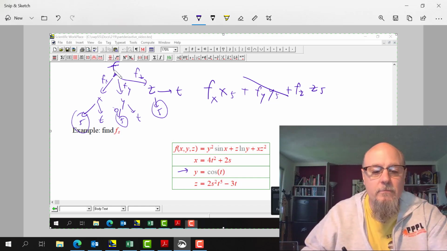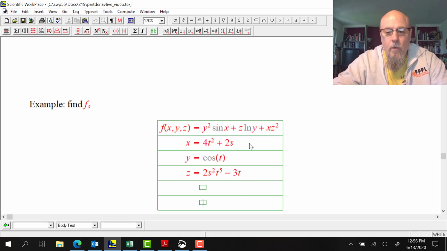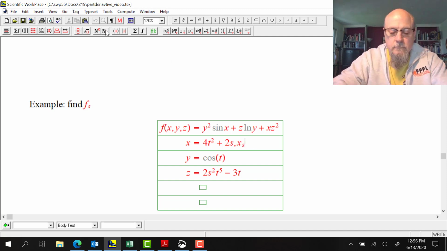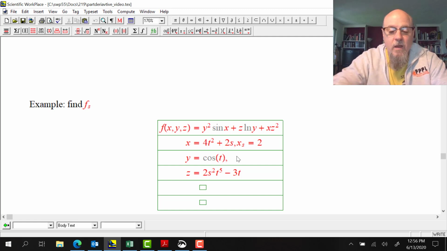Let's see what our derivatives are. So I need our x sub s. That's going to be 2. I need our y sub s.